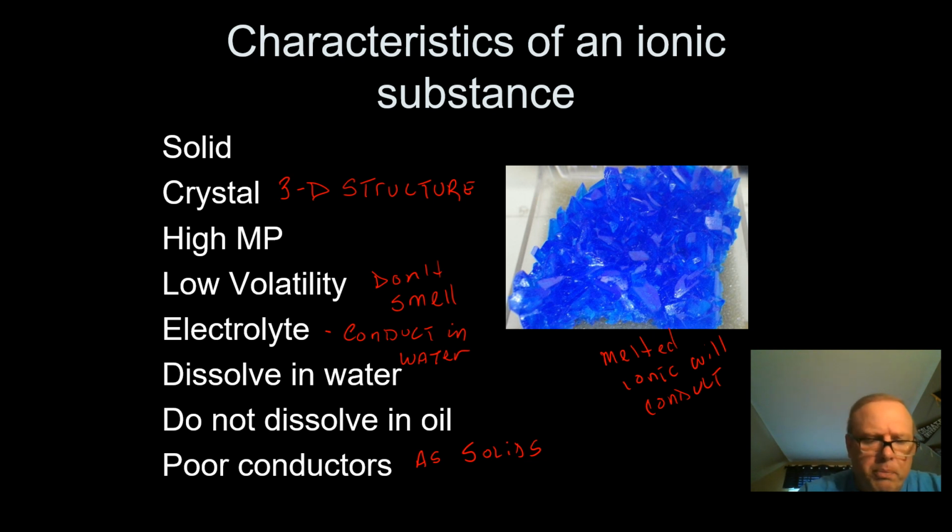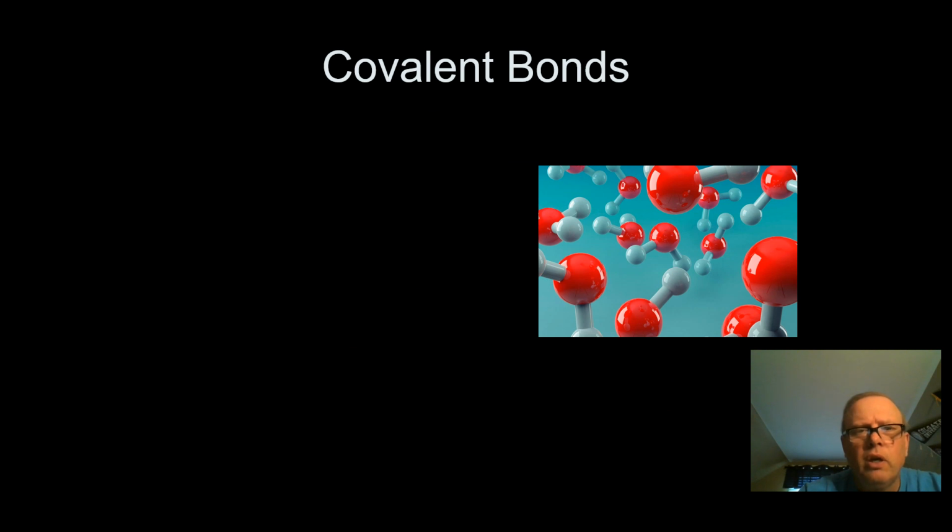All right, let's talk about things that are covalent or molecular. Covalent bonds, and I've used these little water molecule models that I've got over there. Covalent bonds can be found in all phases: solid, liquid, or gas.